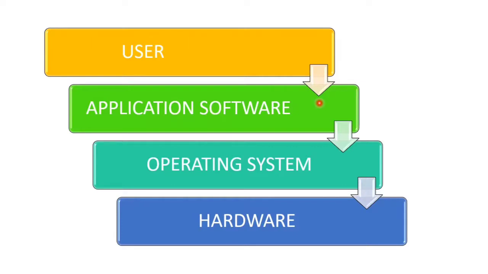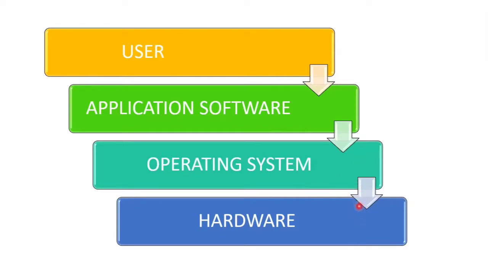Now from the application software, the instructions come to the operating system. The operating system is again a type of software, that is system software. We will learn these software and hardware in detail in the next tutorials, but for now just learn that instructions that come to application software are given to the operating system. The operating system is system software which actually gives instructions to hardware, and it is directly connected to hardware.